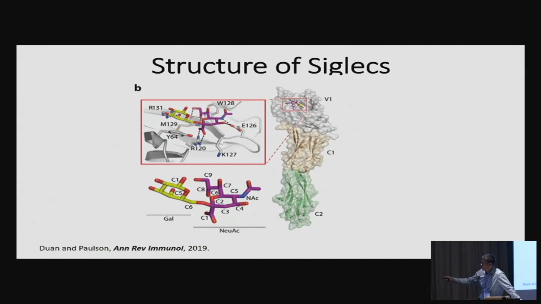This is not a strong interaction for those of us that are used to thinking in biochemical terms. These interactions for the siglecs range anywhere from 5 millimolar, some of the weakest ones that have been measured, you'd be hard pressed to measure anything weaker than that, down to about 50 micromolar. These are natural interactions.